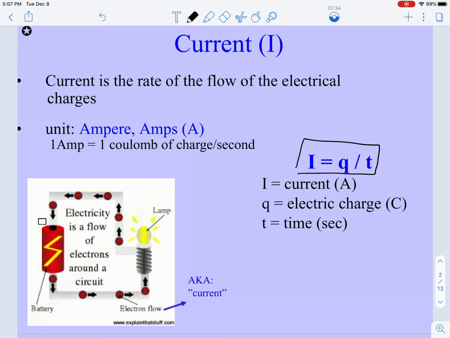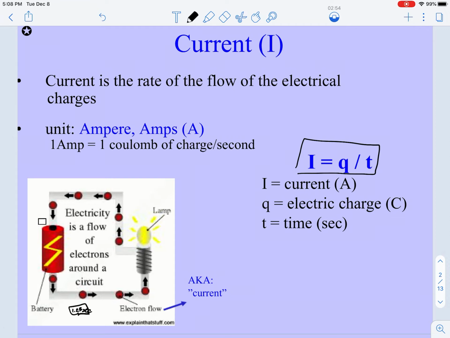So it says here that we can calculate our rate of electron flow, or what we are going to call our current, by taking the electrical charge measured in coulombs, so that would be our variable Q, and dividing it by the amount of time in seconds.